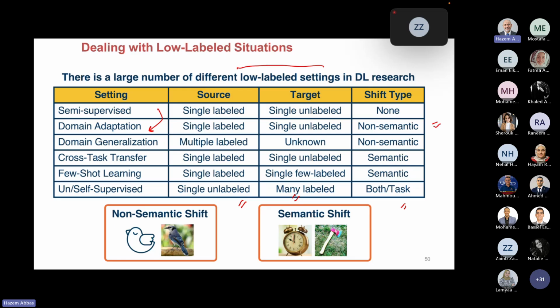The semantics will appear in, look at these figures at the bottom of the slide. There is no semantic shift here. This is a bird. This is also a bird, but there is no semantic shift here. But here we have a clock, and we have an axe here. So what is a semantic shift here?